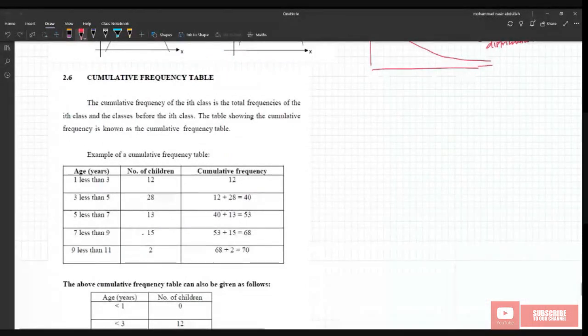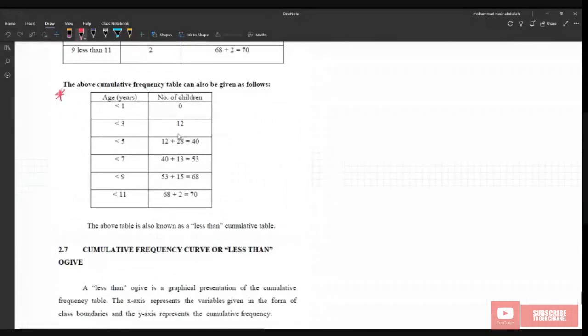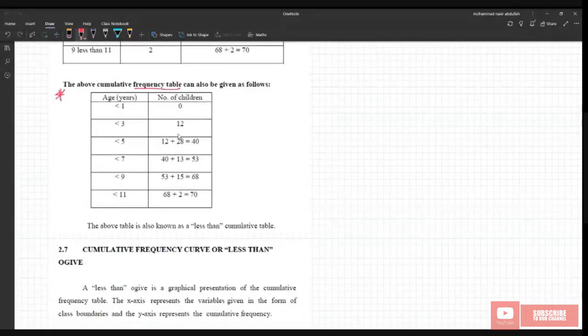So now this is a frequency table. If you look at this table, this is what we call a frequency table, right? We have age less than 1, less than 3, until less than 11. And this is your frequency value, the number of children: 0, 12, 28, 13, 14, 15, 12, 2, right?